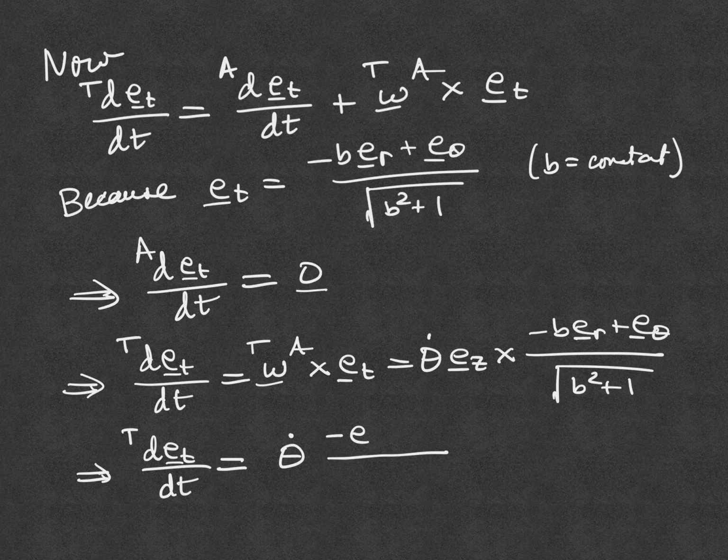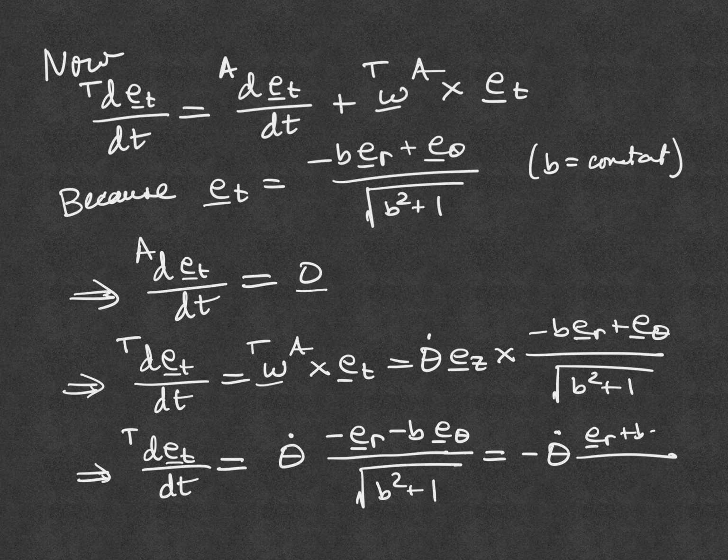So we get minus e_r, and then minus b e_theta once I flip these and put them in the right order, over the square root of b squared plus 1. So e_z crossed with e_r again is e_theta, but there's a negative sign already there, and there's a b. e_z crossed with e_theta gives me minus e_r. Now, you'll also see that this can be written as minus theta dot times e_r plus b e_theta, all divided by the square root of b squared plus 1.